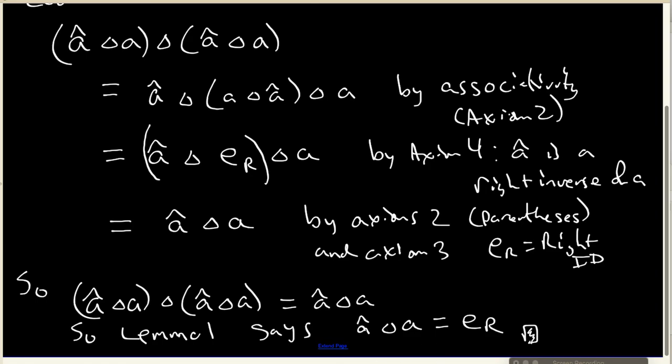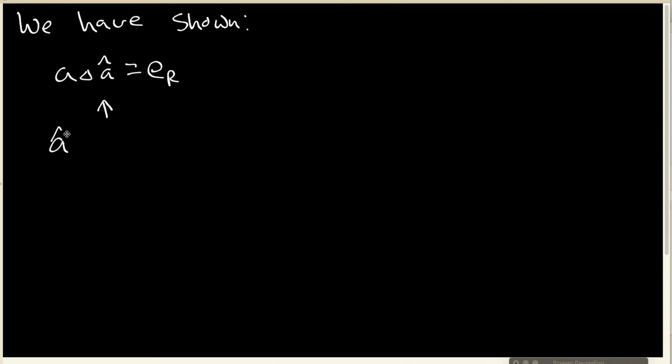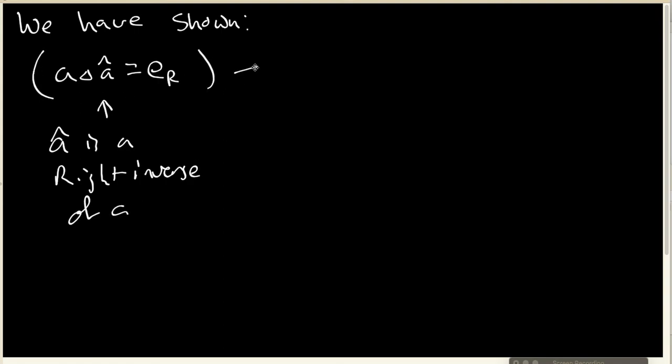Now I do want to summarize what we have actually done. We have shown that if I start with A hat being a right inverse, this is enough to say that A hat is a left inverse.